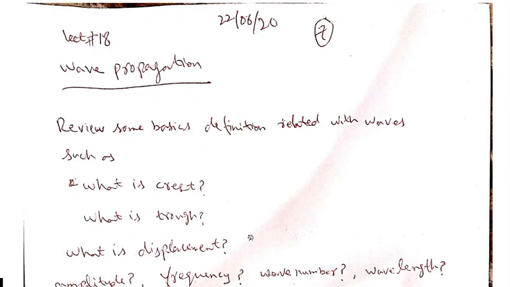This is the first lecture for phase 1, and in further lectures we will discuss the propagation of waves in isotropic and anisotropic material with the help of this tensor gamma.